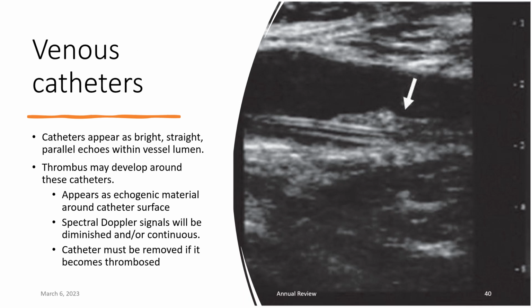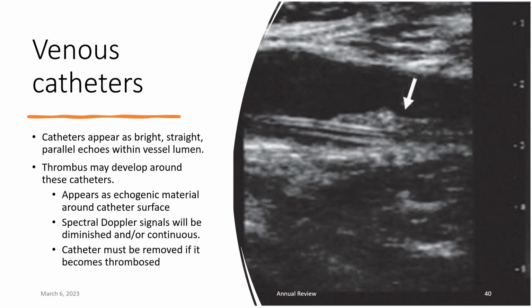One other thing that we can visualize, and sometimes we will have to visualize, is a venous catheter. If they've noted that there is thrombus around a venous catheter, it must be removed. These are going to be more the longer term indwelling catheters, such as a PICC line or something like that. Here you see an image of a catheter.